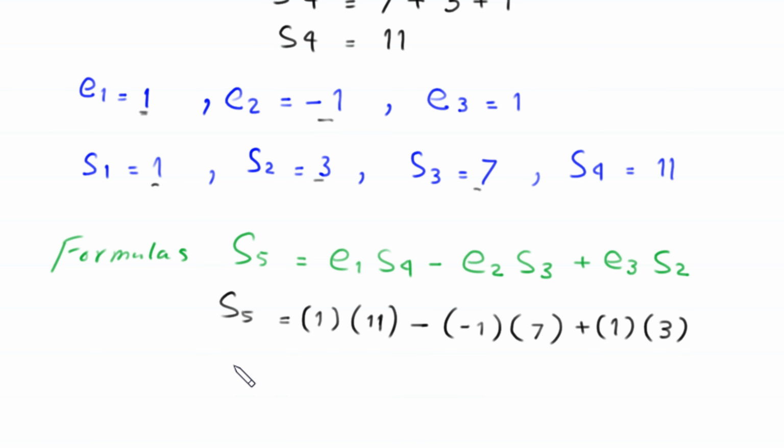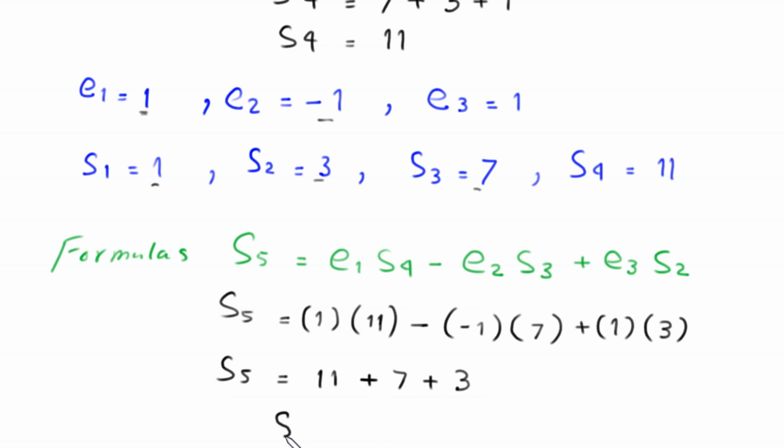Further simplifying, this becomes S5 is equal to 1 times 11, negative 1 times negative 1 is positive 1 times 7 plus 7, and 1 times 3 plus 3.